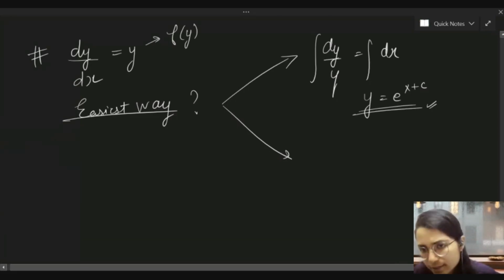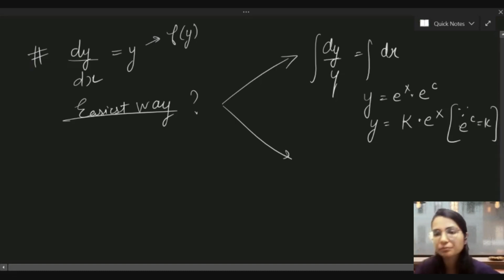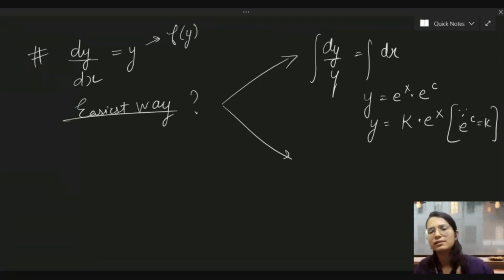Yeah, it was this. Or you could also write it as e to the x into e to the c, which you could write as k into e to the x, because I have written e to the c as k. So I have just modified the constant a little bit, nothing else. You could write the solution also like this.